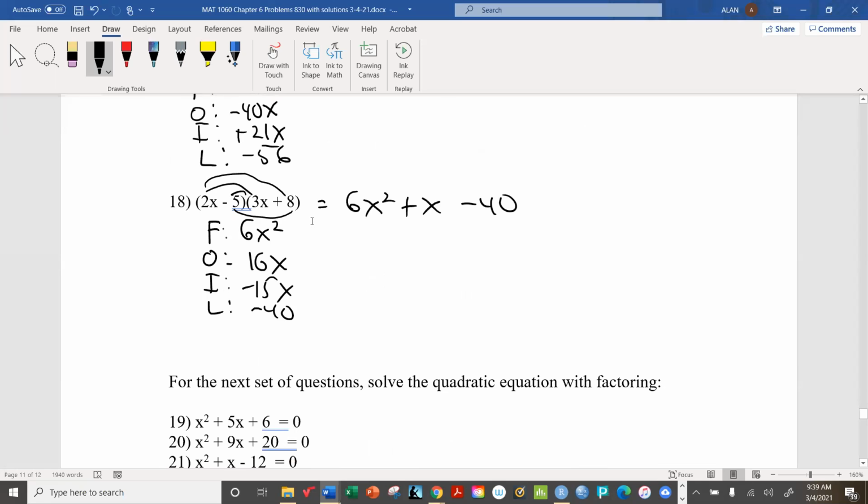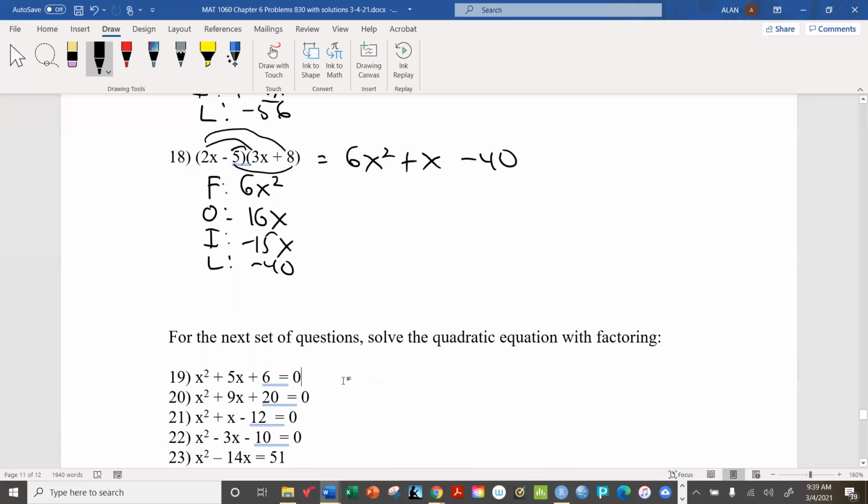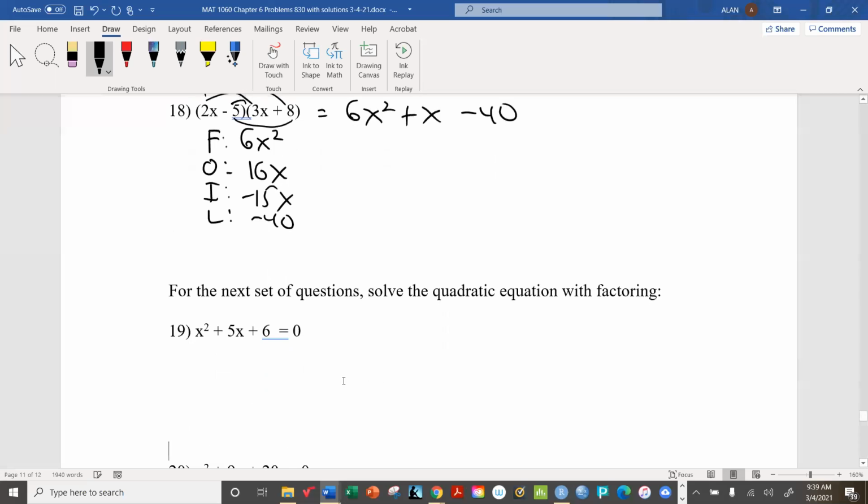Now for the next batch of questions, we're going to solve these equations, but with factoring. So how does that work again? What we're looking for is this.